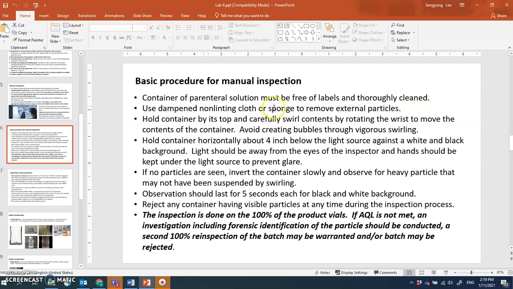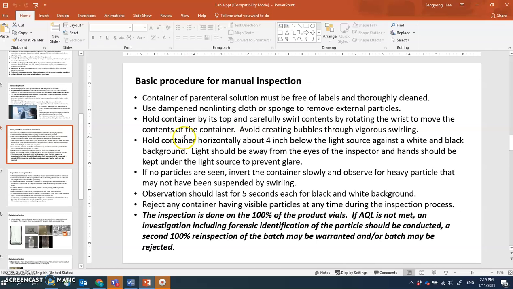Hold containers by the top and carefully swirl, like I said, to agitate the contents by rotating the wrist, so let it float. Avoid creating bubbles through vigorous swirling. If you shake it too much, you will form a lot of air bubbles, and it's confusing whether those are air bubbles or particulates. Don't shake it too much.